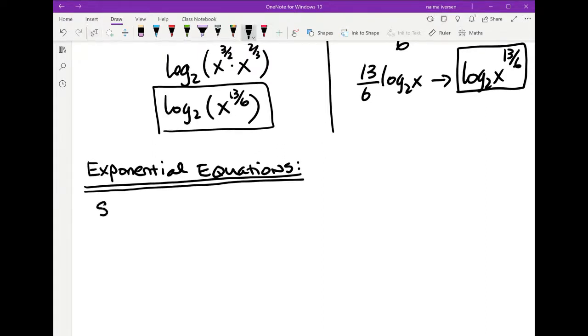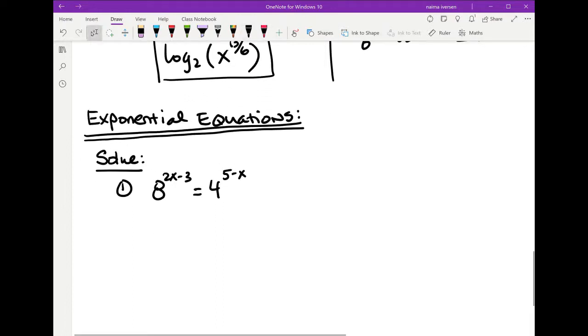So if you remember, we had equations that looked like this before. We had something like 8 to the power of 2x minus 3 equals 4 to the power of 5 minus x. And these were ones that we saw in grade 10. They were fairly easy because what you could do is get a common base for these.